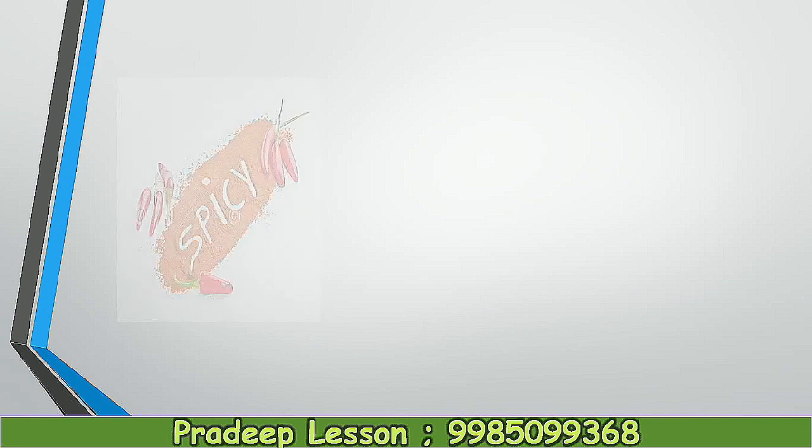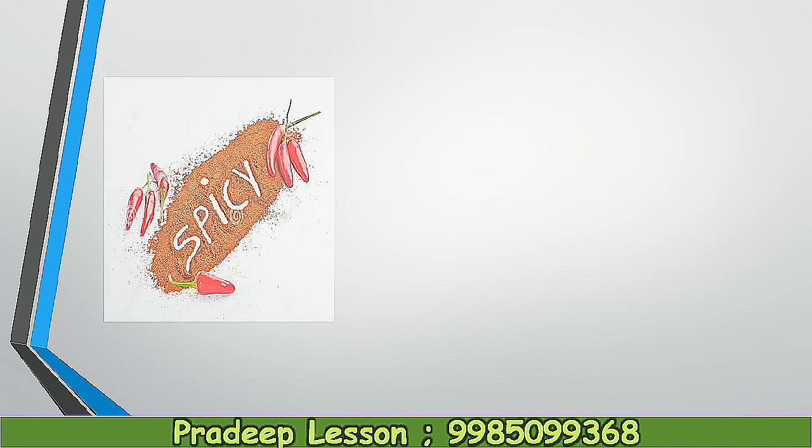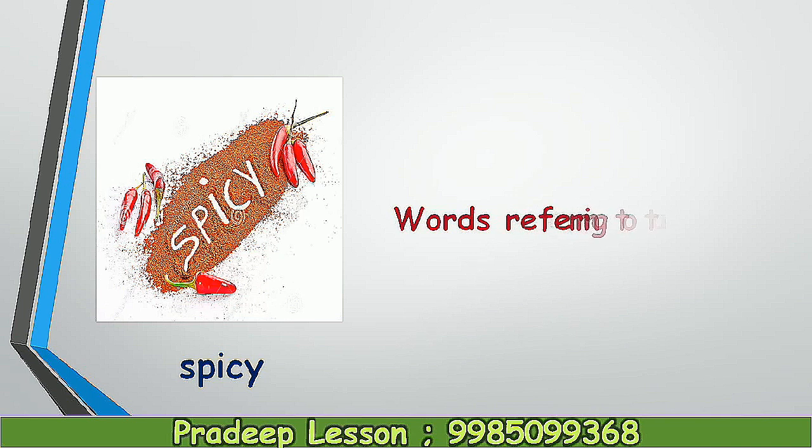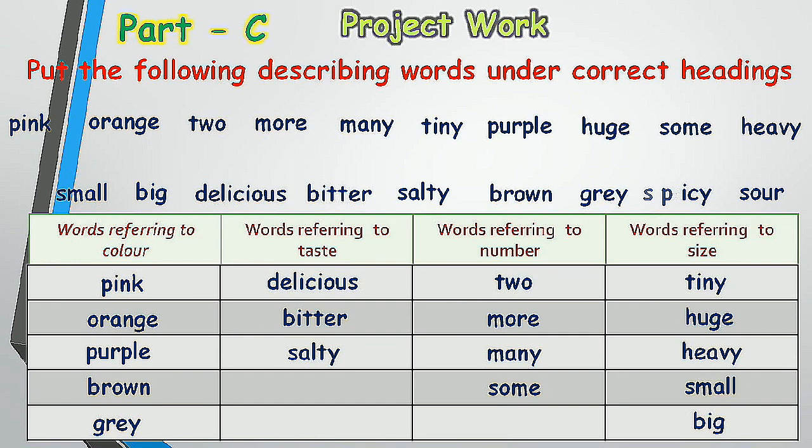Next picture, this is one of the interesting pictures. It means spicy. Spicy is one of the tastes, and spicy is referring to taste. Here spicy goes to taste.